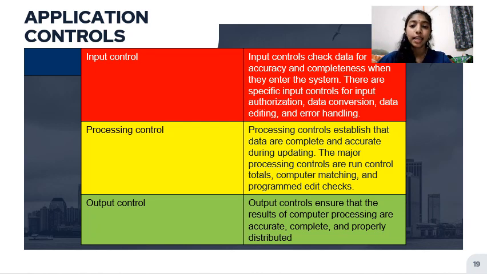Secondly, processing control establishes that data are complete and accurate during updating. The major processing controls are run control totals, computer matching, and program edit checks. The last one is output control. Output control ensures that the results of the computer processing are accurate, complete, and properly distributed.